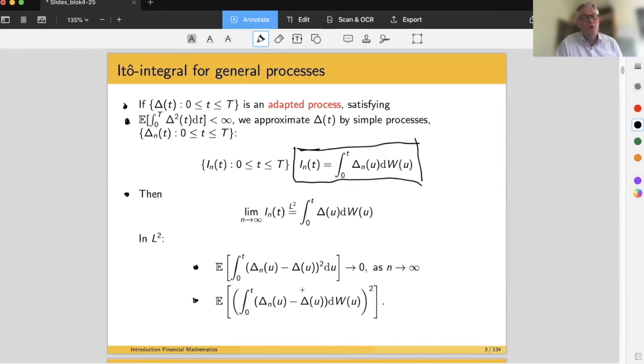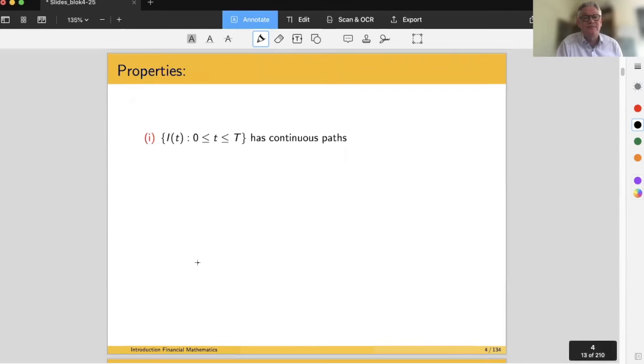And this also inherited the properties of the Ito integral for the simple processes. That was important. The properties that we have just listed and that we will list again generalize towards the integral for these more general processes.